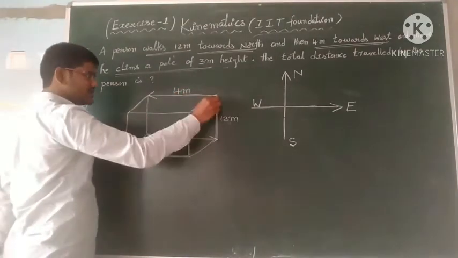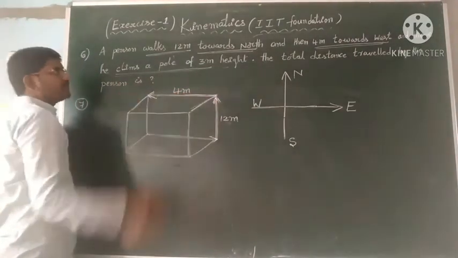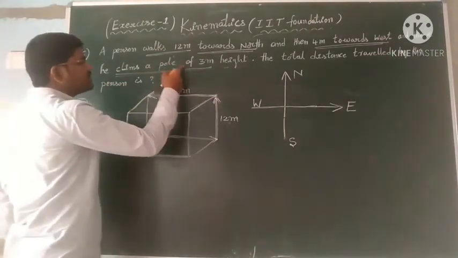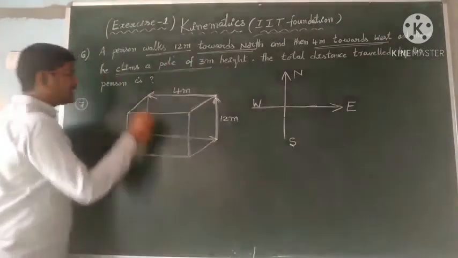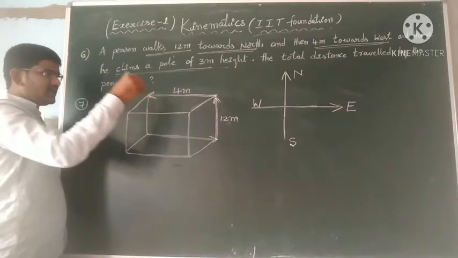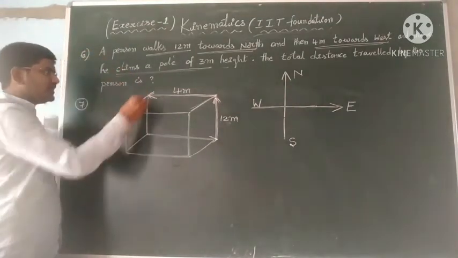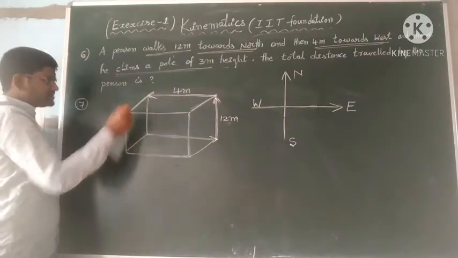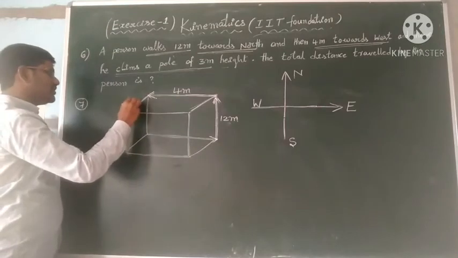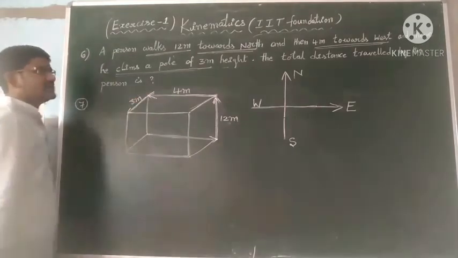If I consider this is 12, this is 4. And from there he climbed a pole of 3 meters height.